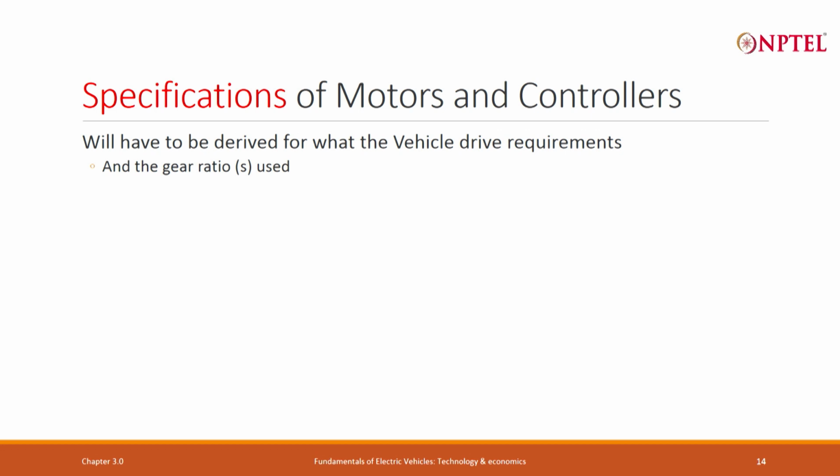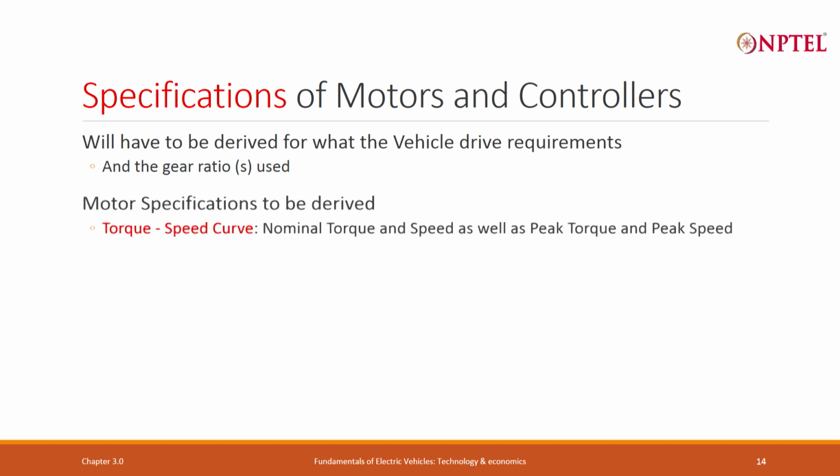What we will start today is that from the vehicle drive requirements we come to the motor specification. We of course have to choose a gear, but once a gear ratio has been chosen, from the vehicle requirement we come straight away to the motor specification.